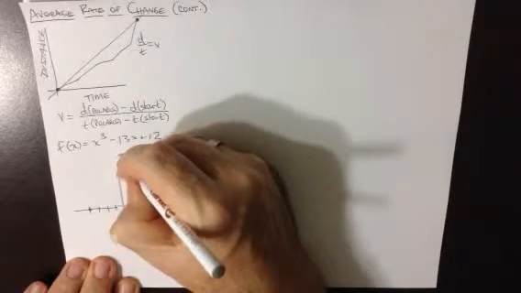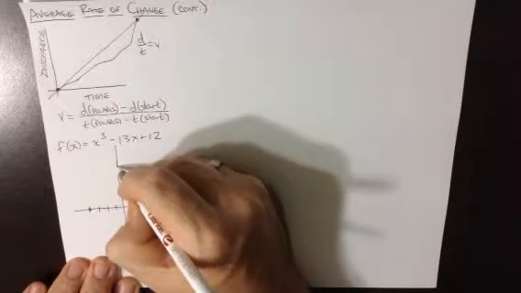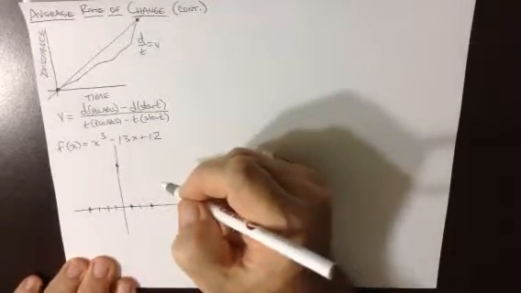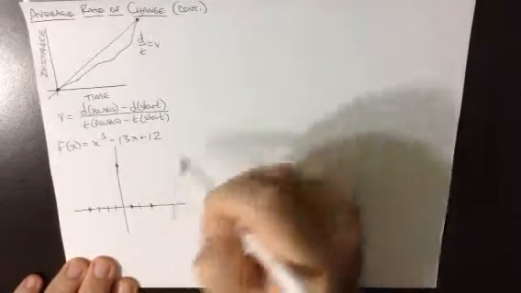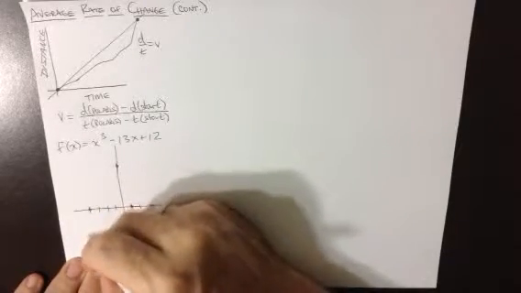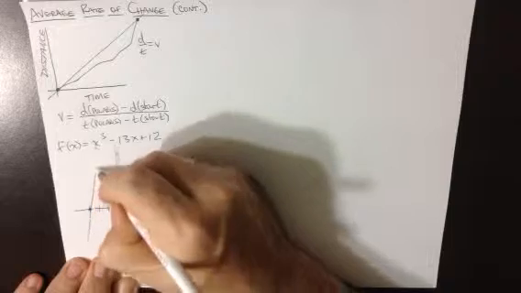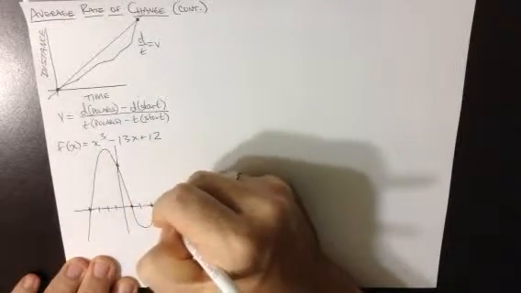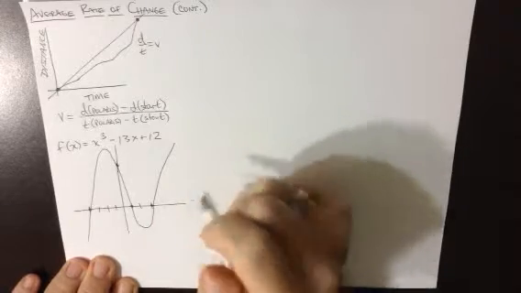So that's just for argument's sake. Let's say that's somewhere up here. Not to scale, but this is just going to be a sketch. The graph of this function is, again, just a sketch. It's going something like this. Okay?